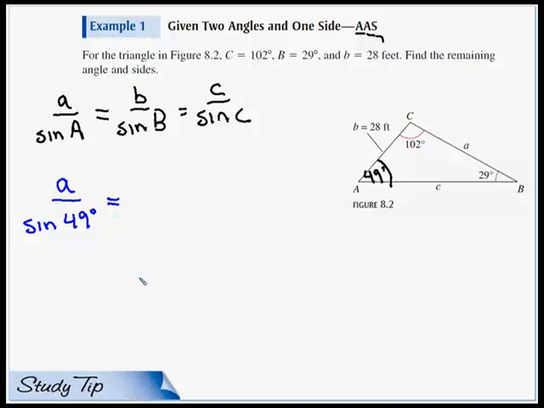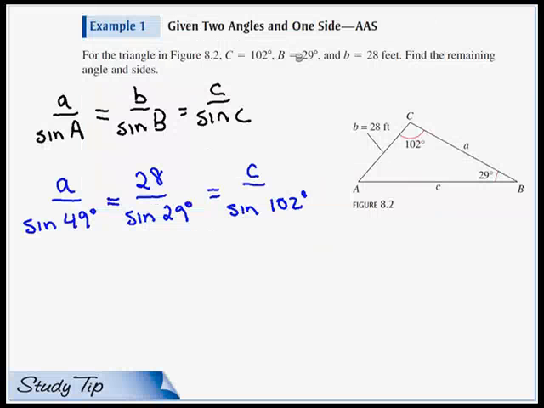And that's exactly equal to side b, which they did give us, 28 feet, over the sine of angle B, and B was 29 degrees. And that is also equal to c, which we do not know, over the sine of angle C, 102 degrees. So now we're all set up.